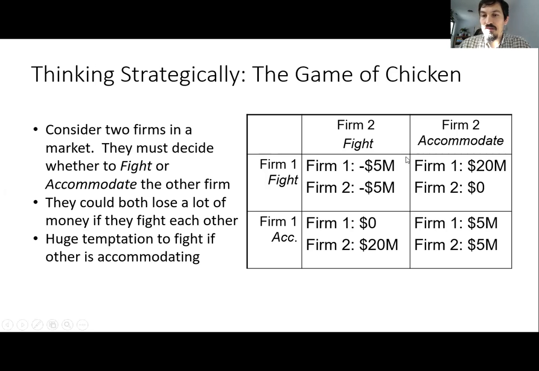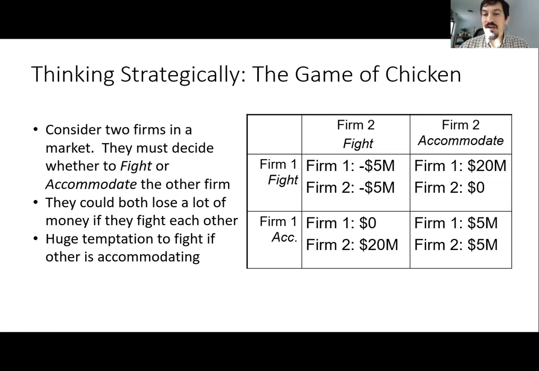So just to clarify, if both firms fight each other, they will end up losing $5 million each. You should think of this as the two tractors slamming into each other. That's the bad outcome. They both lose $5 million. How about if one firm fights and the other firm accommodates? Well, the firm that's tough and fights really gets a lot of payoff here.